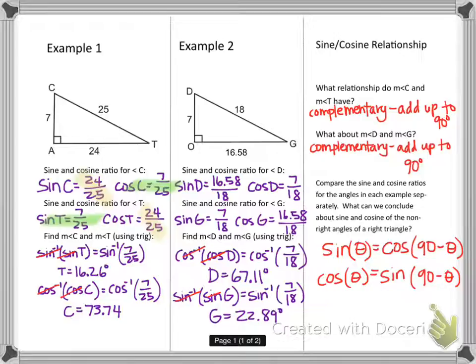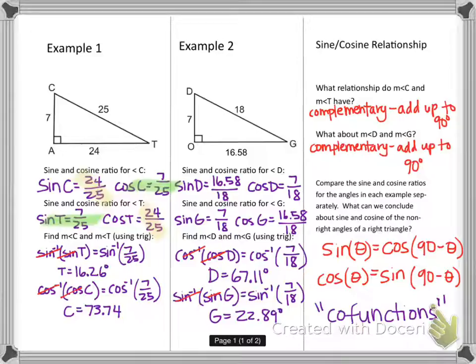We call this relationship between sine and cosine co-functions. So sine and cosine are co-functions. Really all you need to be able to recognize is that these ratios are the same when we switch angles.